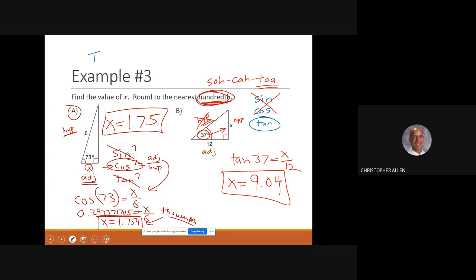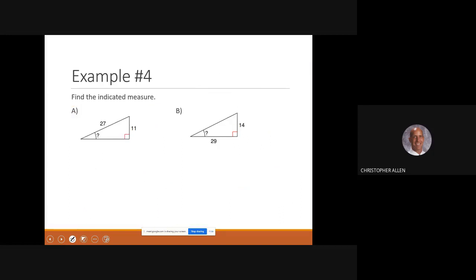These problems, we found a missing side length. On these two examples, there was a side we were trying to figure out. We were trying to figure out x, we were trying to figure out x. Those were lengths of sides. Okay? Let's go and look at our next set of examples.